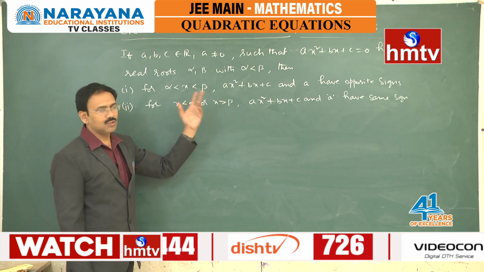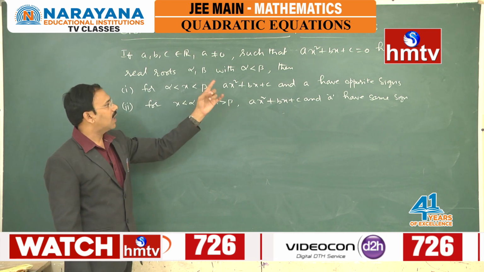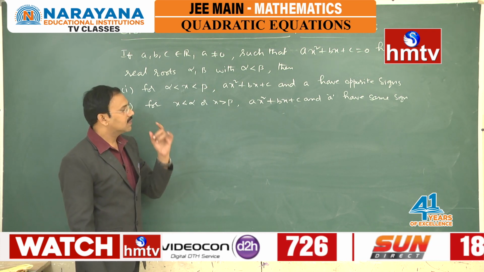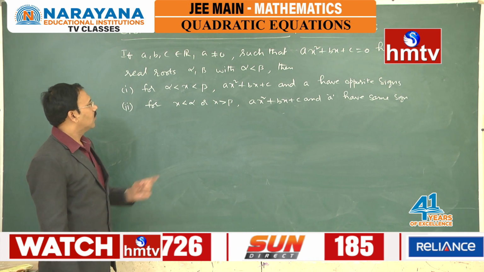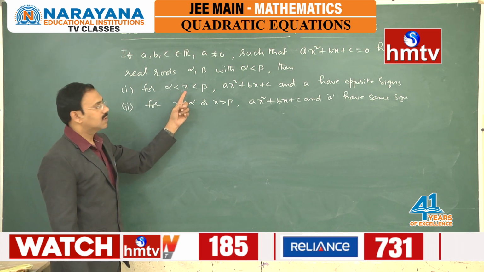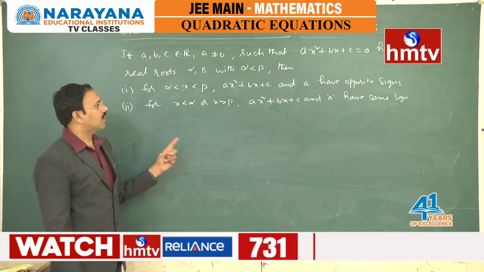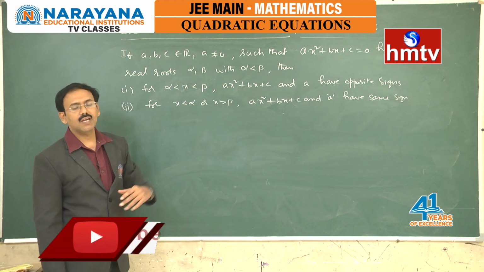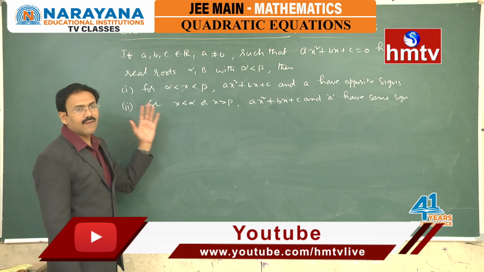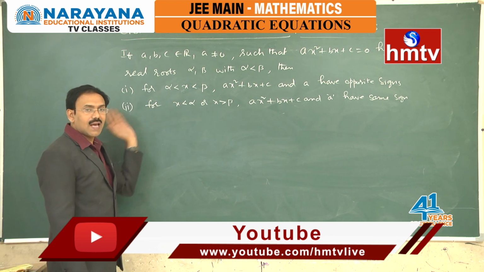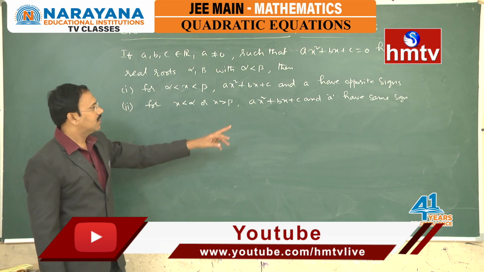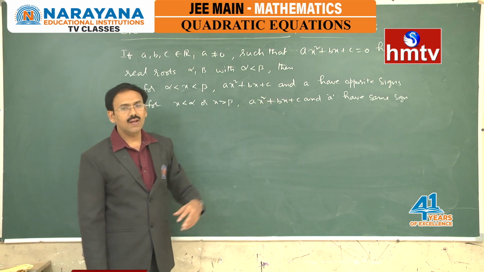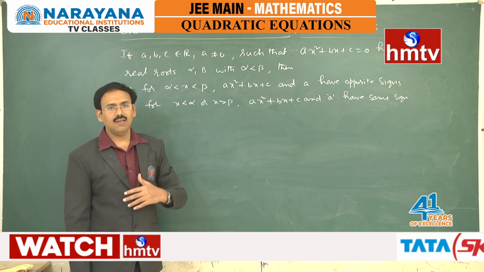Because the roots are real and distinct, in the case alpha is less than beta, for all the values between alpha and beta, this expression and a will have opposite sign, and for all the values of x which are less than alpha and greater than beta, this expression and a will have the same sign.